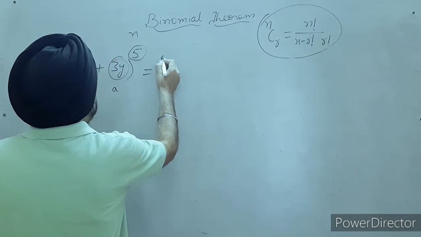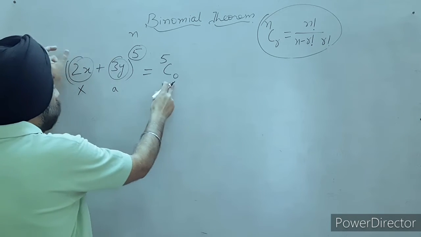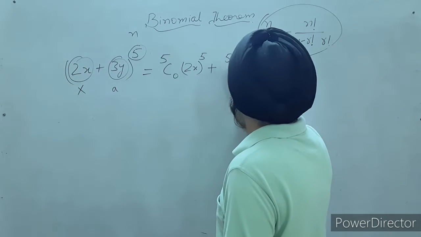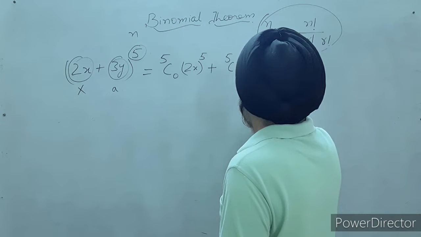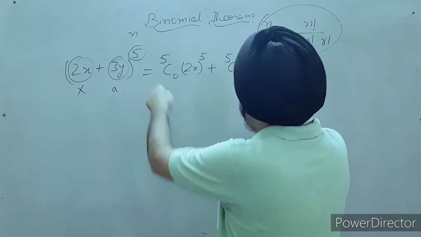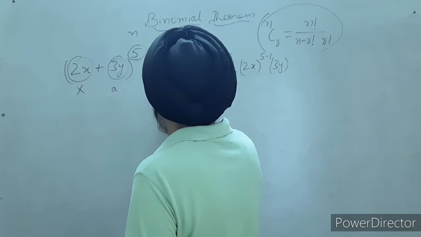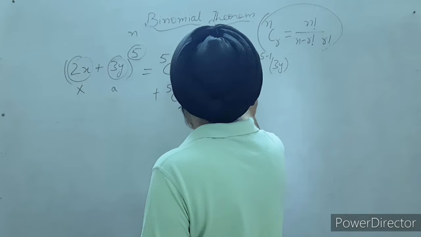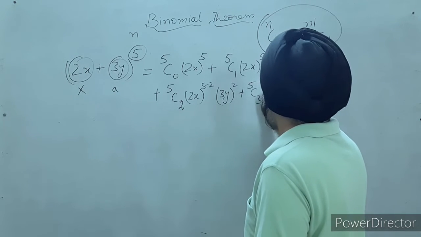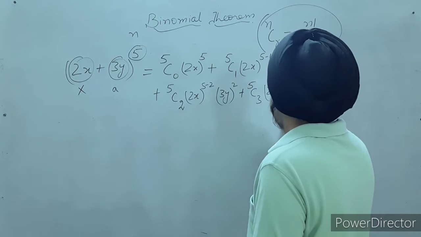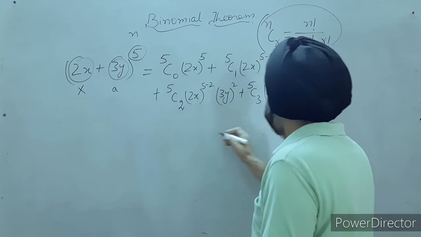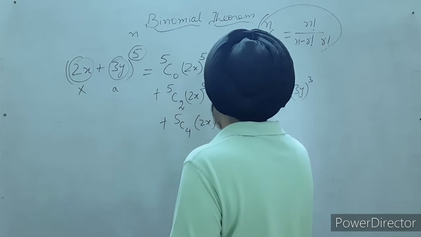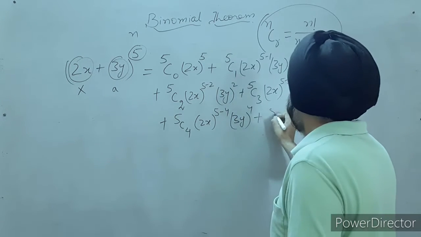Now we can write it as 5c0, x raised to power n, x here is 2x, raised to power 5, plus 5c1 into 2x raised to power 5 minus 1 into a, which is 3y, plus 5c2 2x to the 5 minus 2 into 3y square, plus 5c3 2x to the 5 minus 3 and 3y cube, plus 5c4 2x to the 5 minus 4 into 3y raised to power 4, and the last term is 5c5.